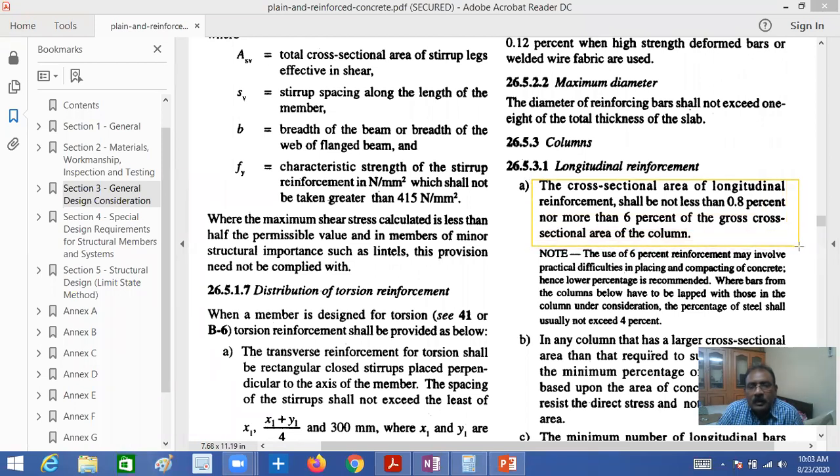You will get this in competitive examinations always, right? See, this one is very important. The cross-sectional area of longitudinal reinforcement shall not be less than 0.8%, and it should not be more than how much? 6%. You must remember these two values.